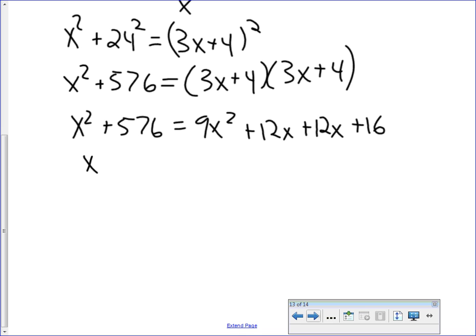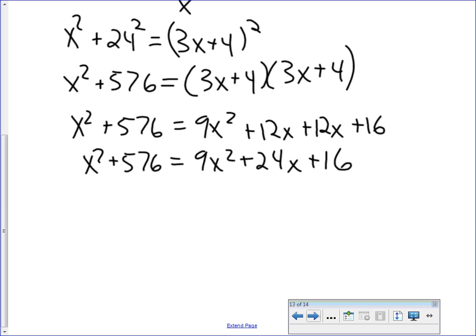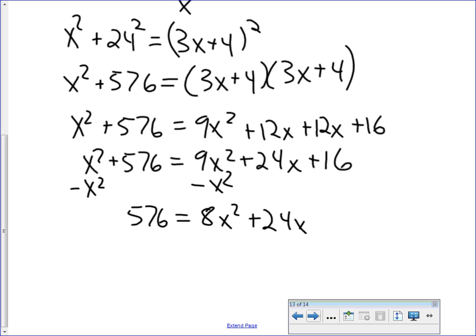So I'll get x squared plus 576 equals 9x squared plus 24x plus 16. So subtract x squared from both sides, and I'll get 576 equals 8x squared plus 24x plus 16.